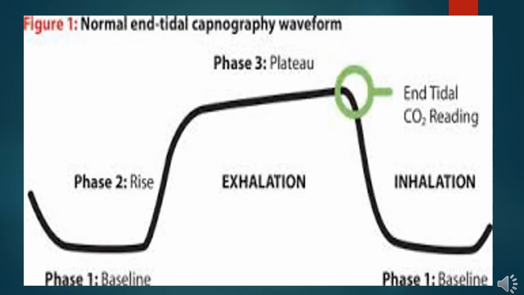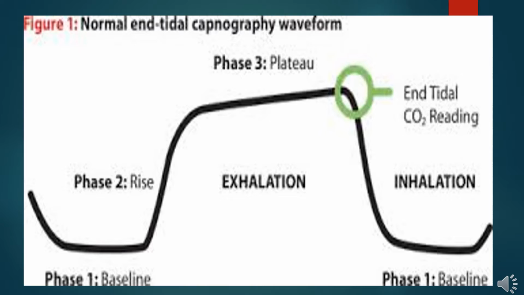This is what a normal end-tidal capnography waveform looks like. It goes in 3 phases. Phase 1 is the baseline, where the patient is not breathing, and as they breathe in on inhalation, they begin phase 2, which is exhalation.